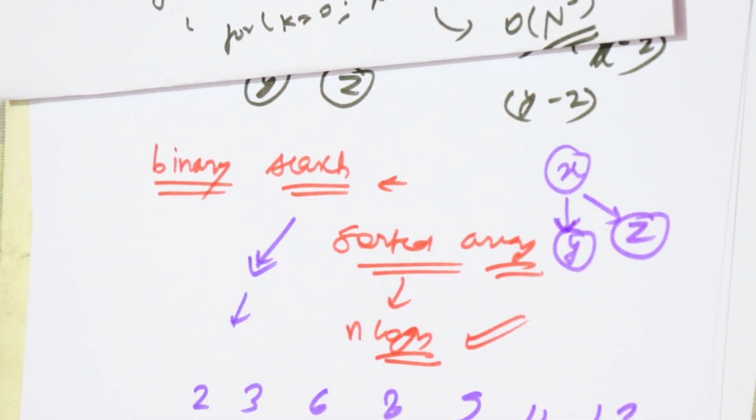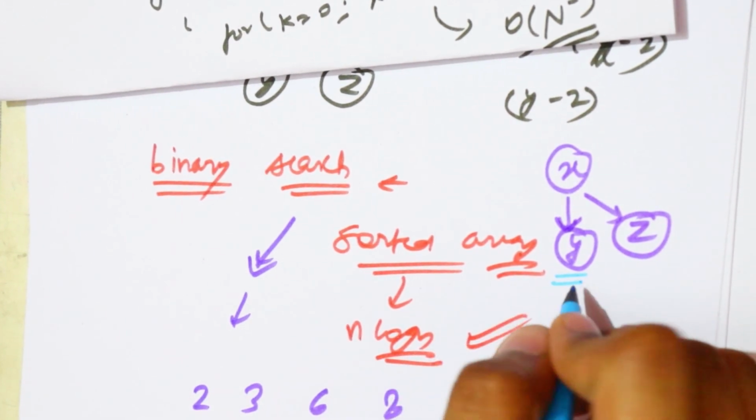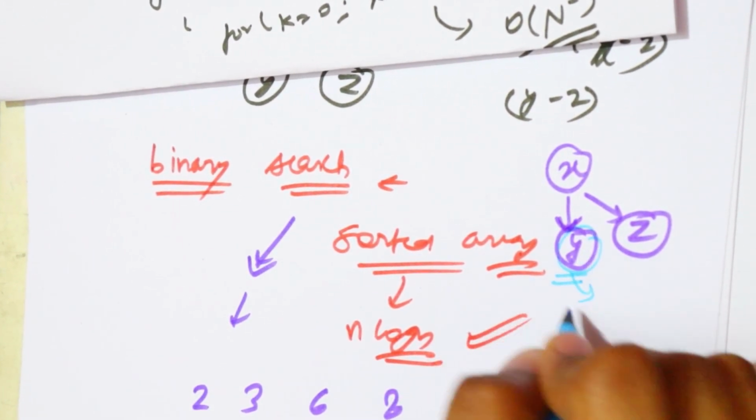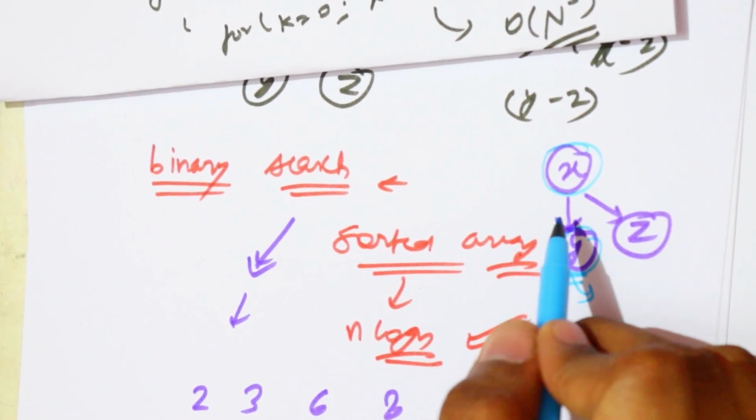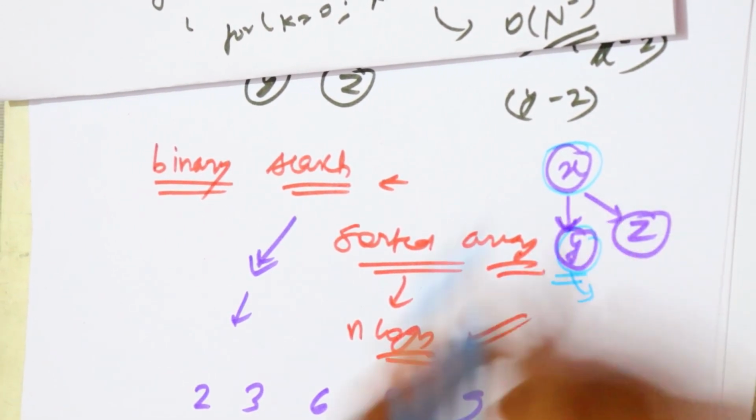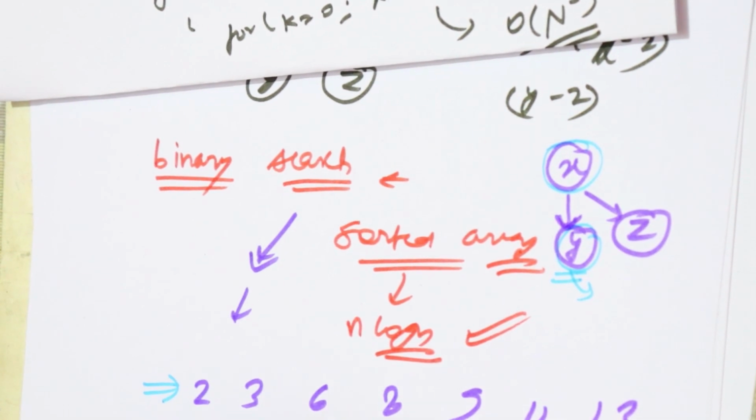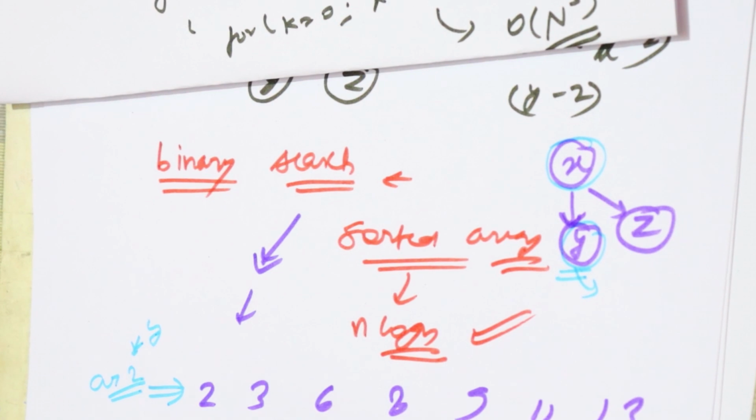So y is the element which is nearest to x.